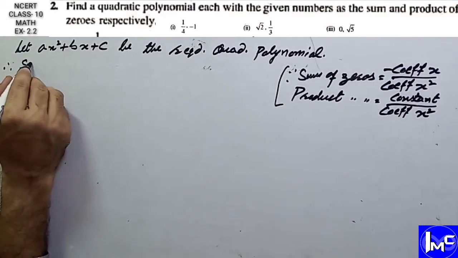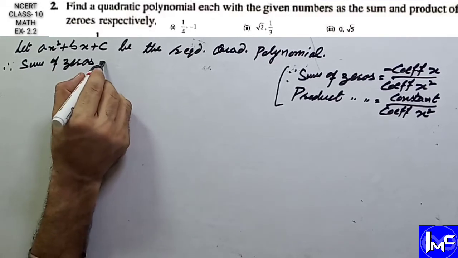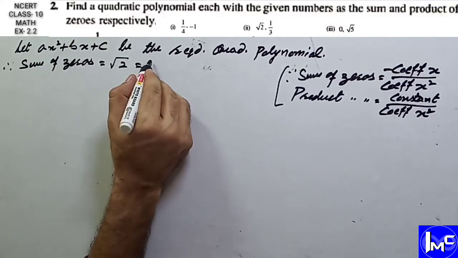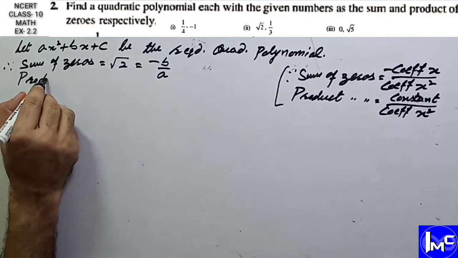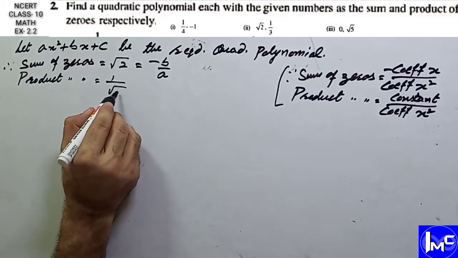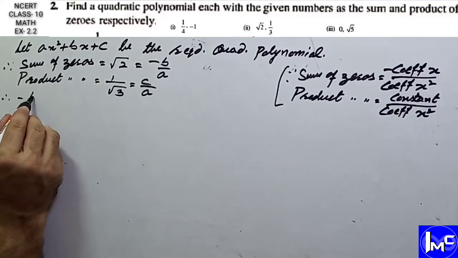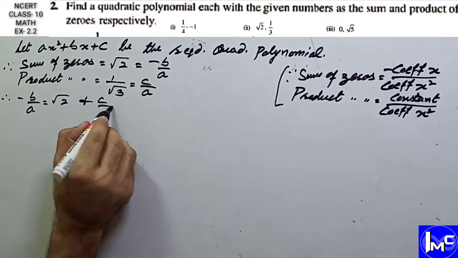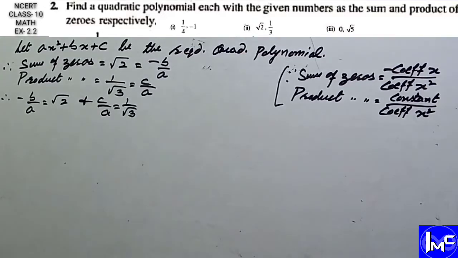Therefore, the sum of zeros is equal to under root 2, and that will be minus b over a, and the product of zeros is equal to 1 over under root 3, that will be c over a, and therefore minus b over a is equal to under root 2 and c over a is equal to 1 over under root 3.